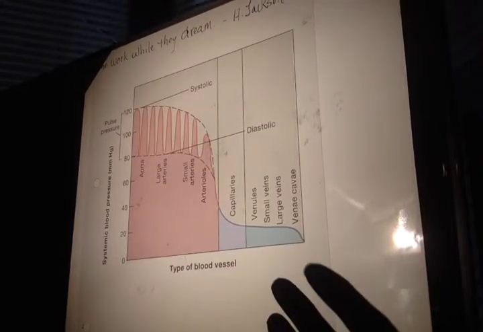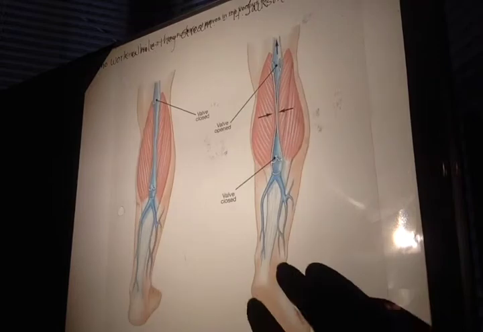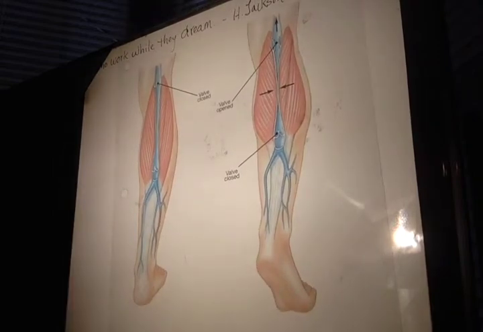And some of you mentioned the second thing that helps with the process, and that is the muscular pump. So the valves and the muscular pump work together.